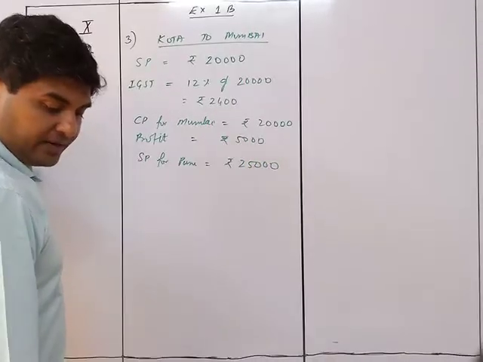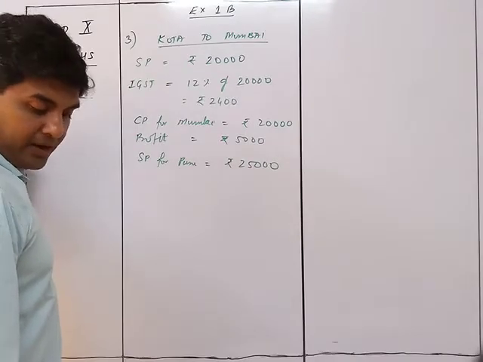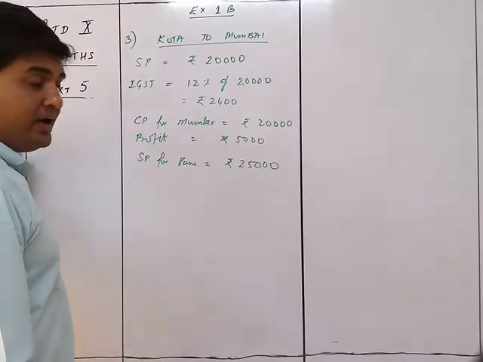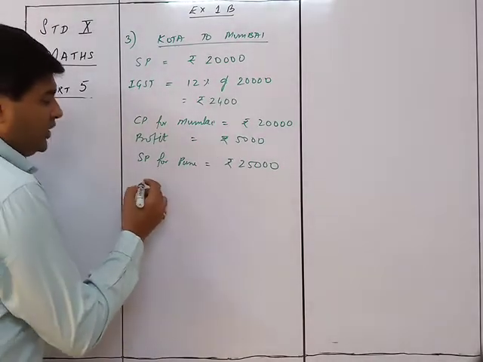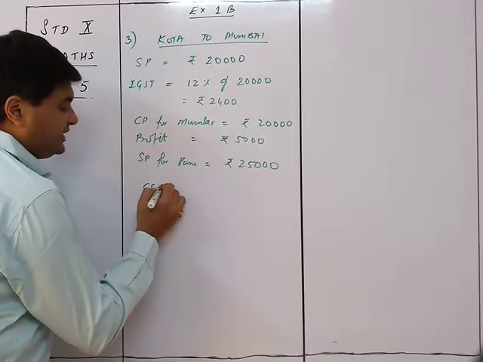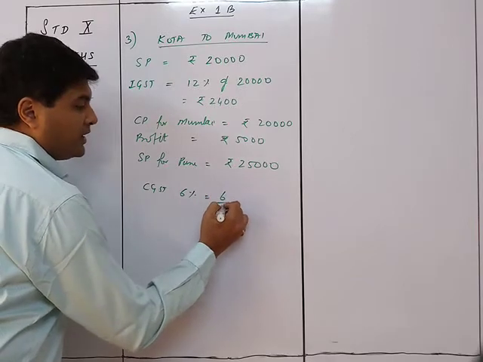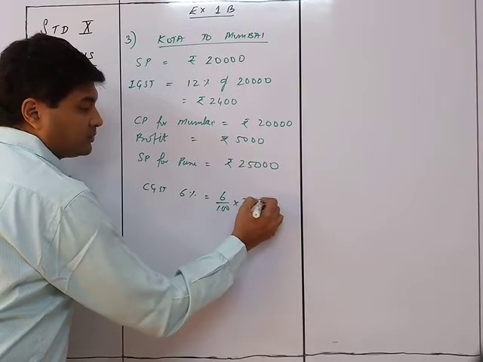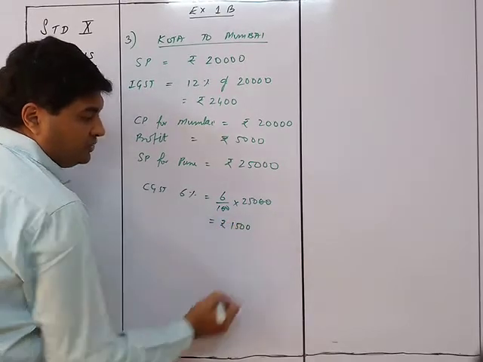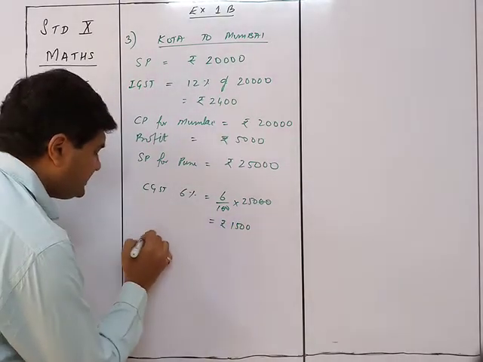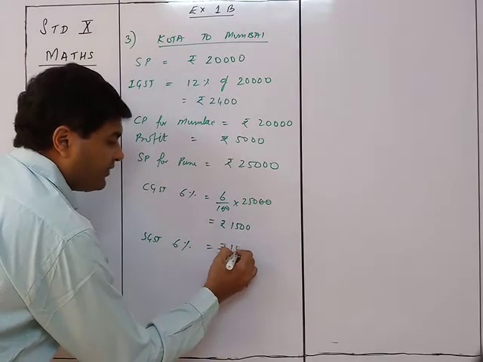Okay, so they have asked us to find the net GST paid at Pune if the dealer is the end user. So here, what is the GST paid by Pune? How much will the Pune person pay? He will be paying CGST 6%, which is 6 upon 100 into 25,000, equal to rupees 1500, and SGST 6% is equal to rupees 1500.